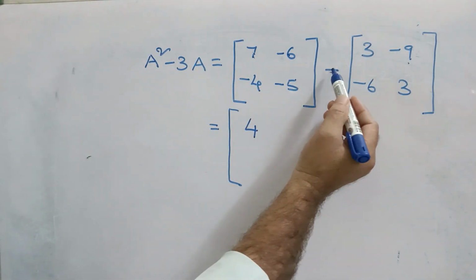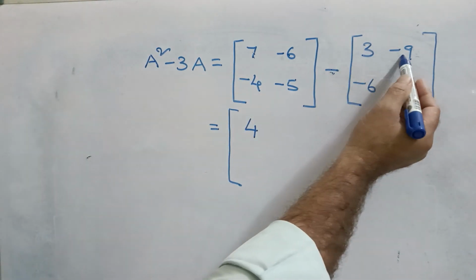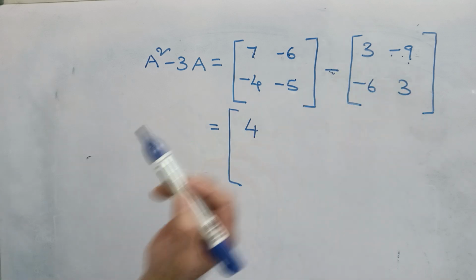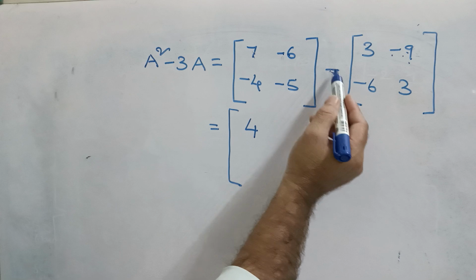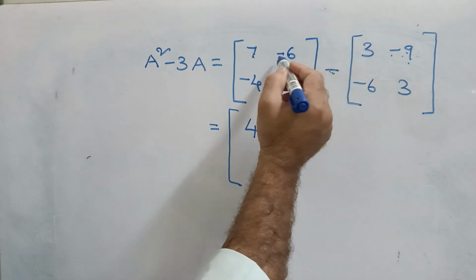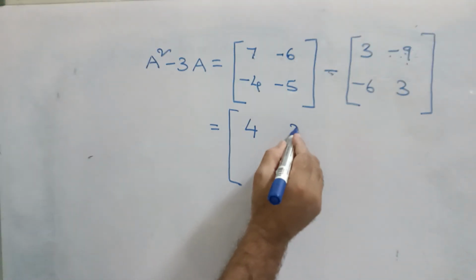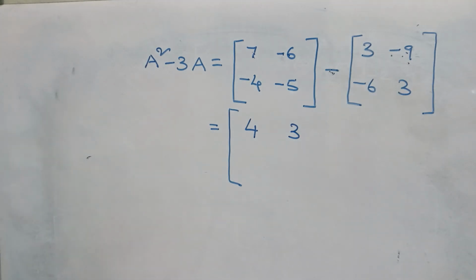Minus sign multiplies with this minus sign, therefore minus into minus is plus, so it becomes plus 9. Therefore minus 6 plus 9, nothing but 9 minus 6, how much? It is 3.